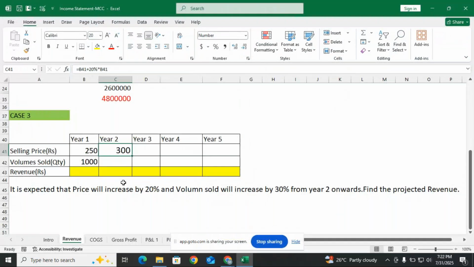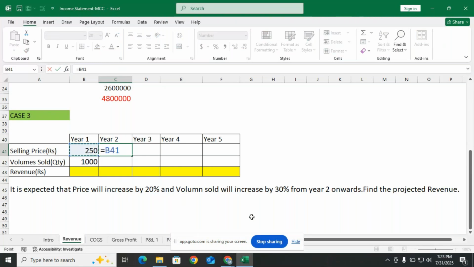Instead of putting 250 twice, what will I do? Equals 250 into, in the brackets, 1 plus 20%.